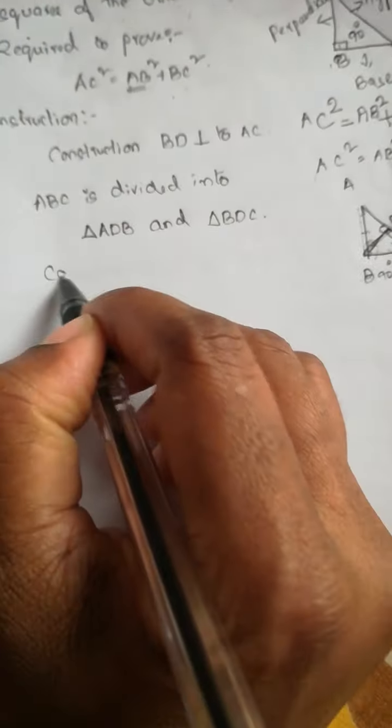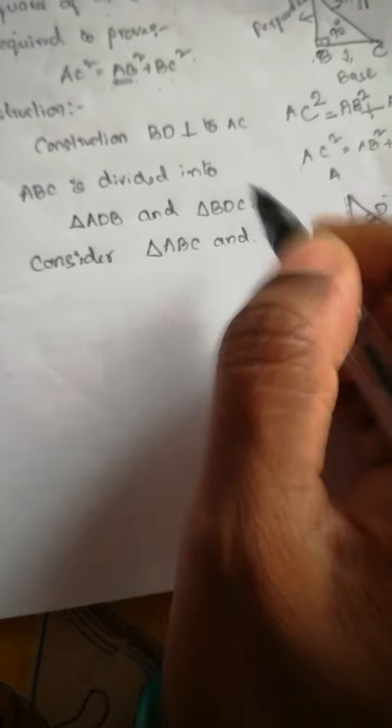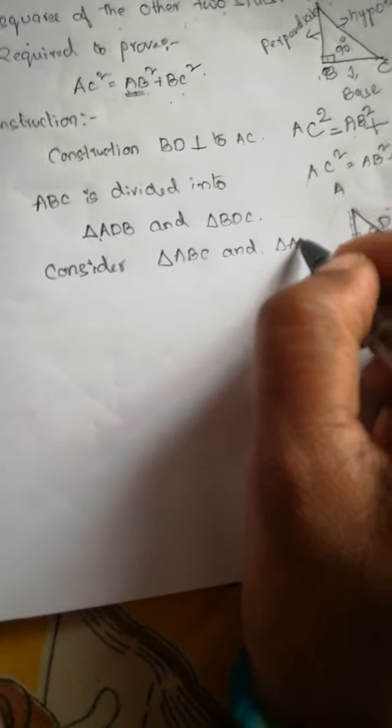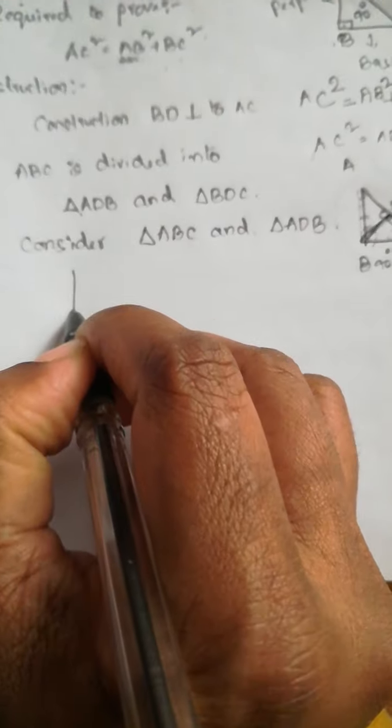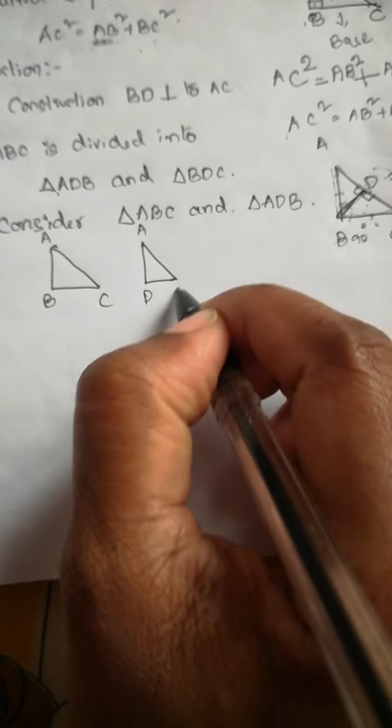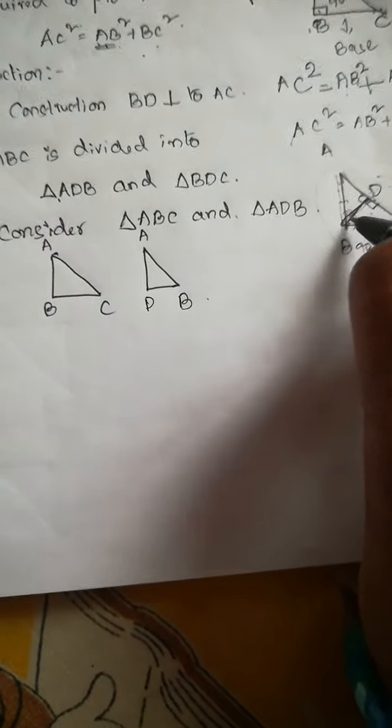So consider the main triangle ABC, and we want to get the value of AB square, so we take triangle ADB. Roughly, we draw the figures of these two triangles. ABC is the main figure, and ADB is the first triangle.